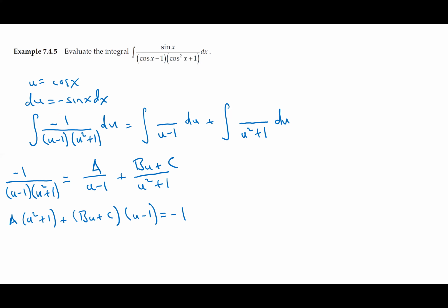To start off, I'm going to let u equal 1 so that I get 2A, and then the second product will be 0.